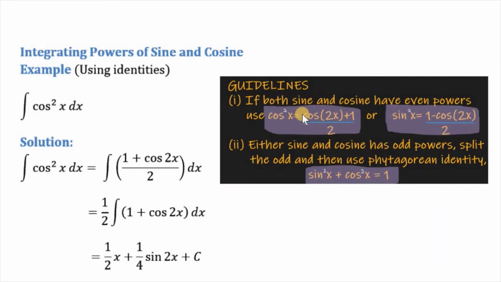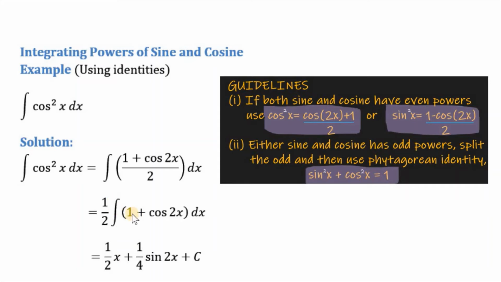So I bring to you the formula now. Whenever we have cosine with an even power, change first into the double angle formula, 1 plus cosine 2x on 2. After this, the 1 on 2 you can bring in front. So now it is easy for you to integrate.